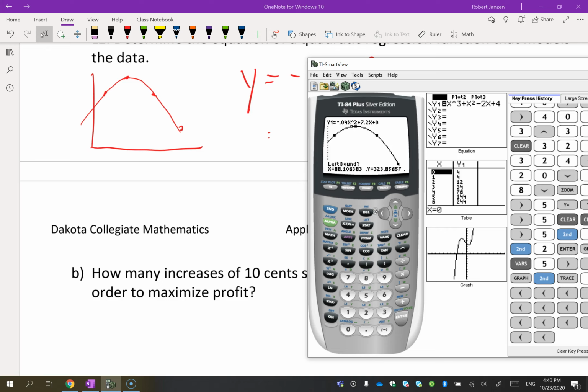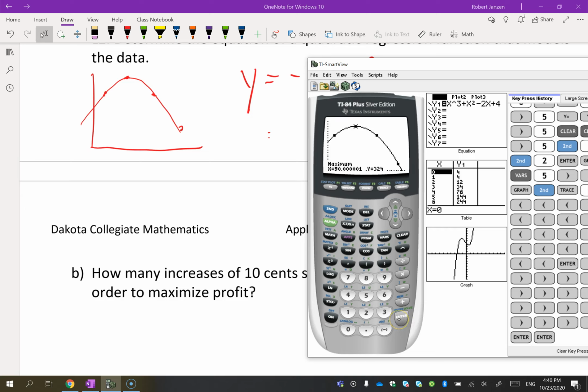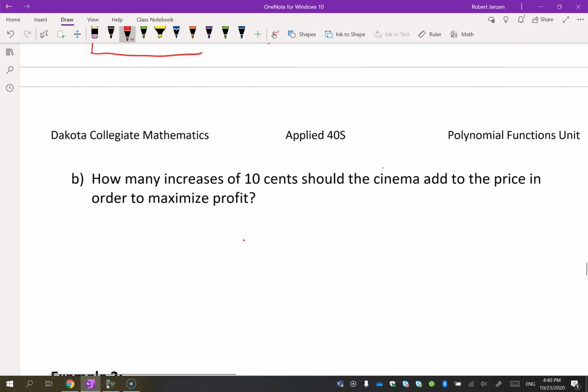It looks pretty obvious that that's going to be my point, so I'll go enter, and then I'll go to the other side of that highest point, enter, enter. And what does it tell me? It tells me when x is 90, I get 324. So I'll write that when x equals 90, y is 324.